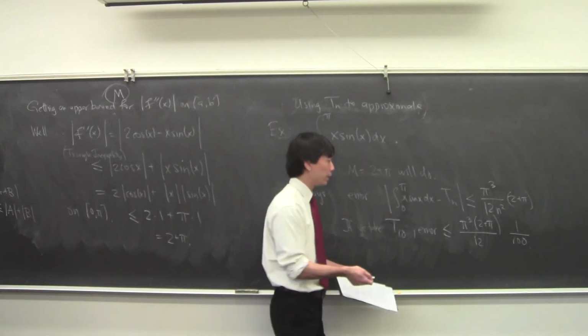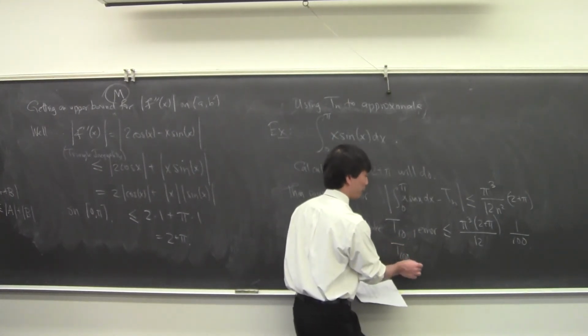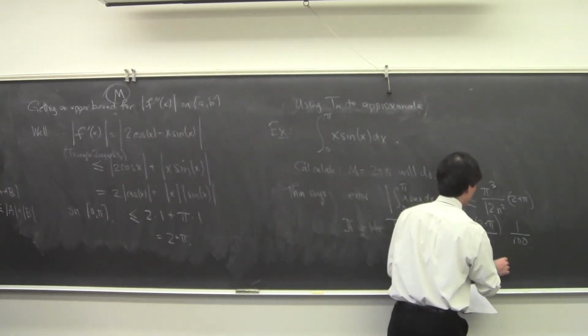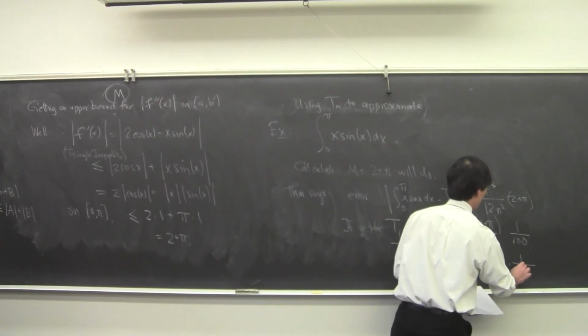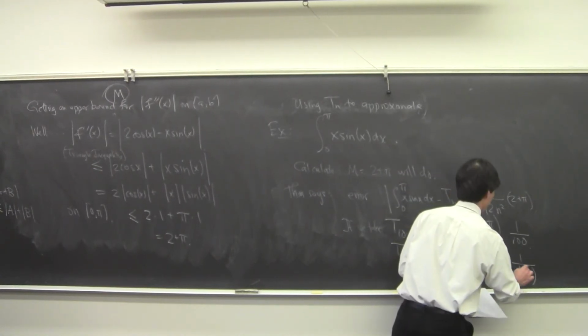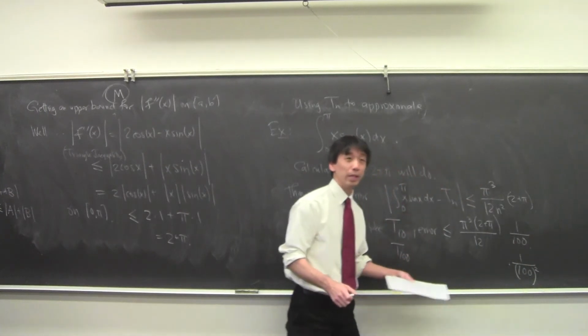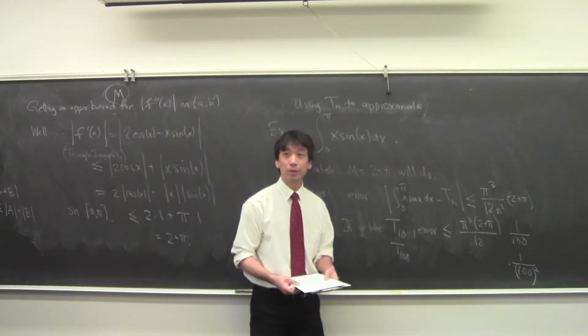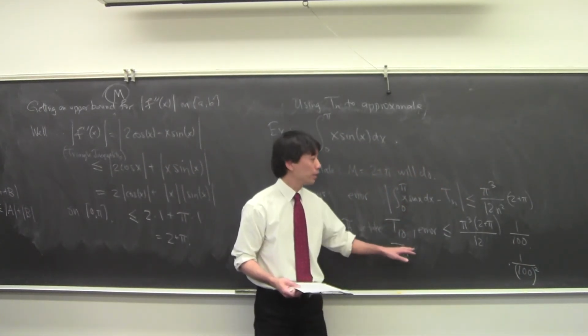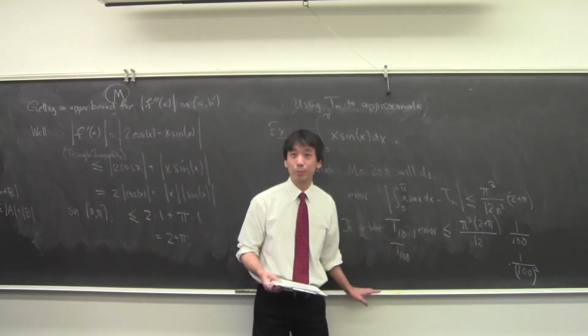If we take the 100th approximation, it's this number times 1 over 100 squared, 1 over 10,000. And so this tells you how bad your trapezoidal approximation is.